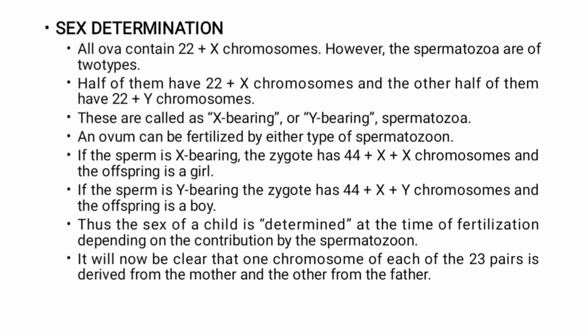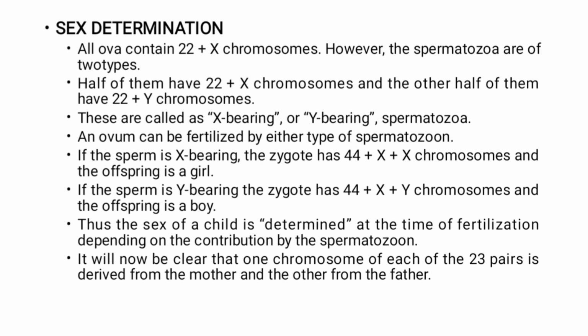It's just constant, 22 plus X forming 23 chromosomes. Now for a male, you can release either 22 plus Y or 22 plus X chromosomes. So those containing X are what we call the X-bearing sperms, and those containing Y are what we call the Y-bearing sperms.